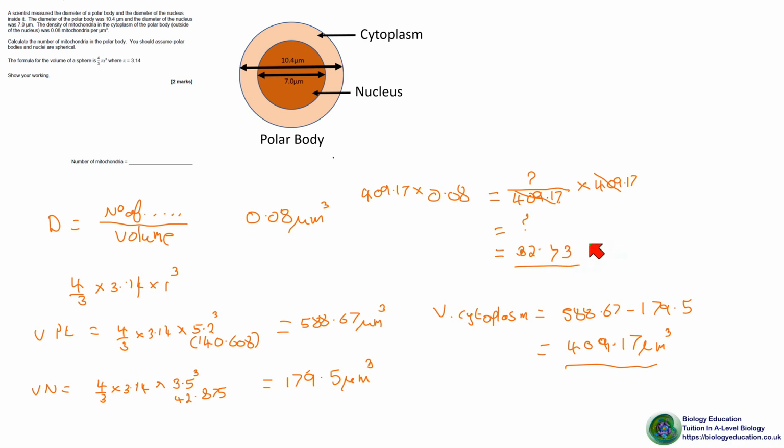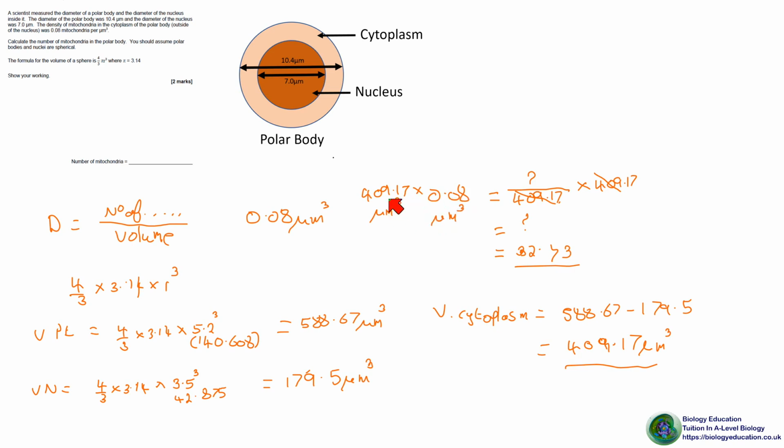So that is the number of mitochondria within the cytoplasm of the polar body. The other thing I think is useful to note is that the units of the volume are micrometers cubed, and the units of the density are per micrometer cubed.